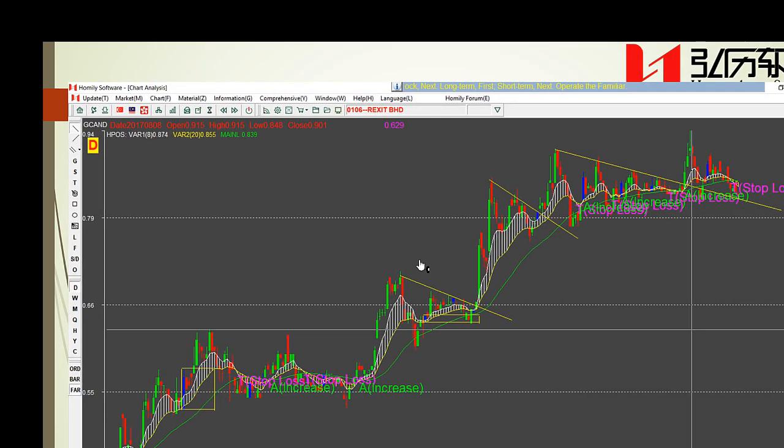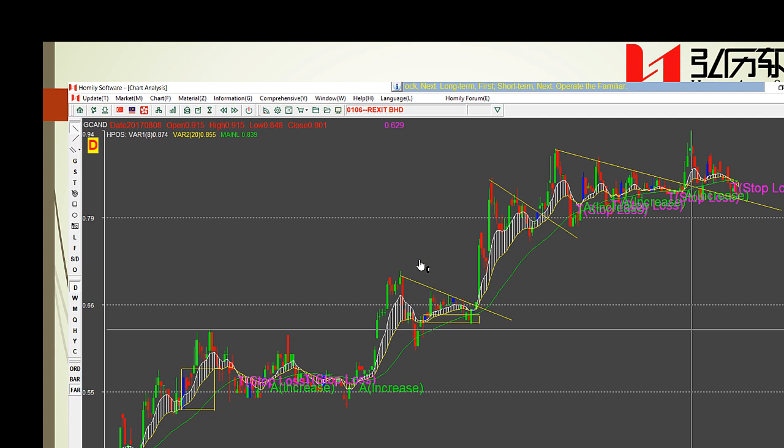And then we can see the third buy point, not the second. Just now was also the third buy point, not the first buy point.